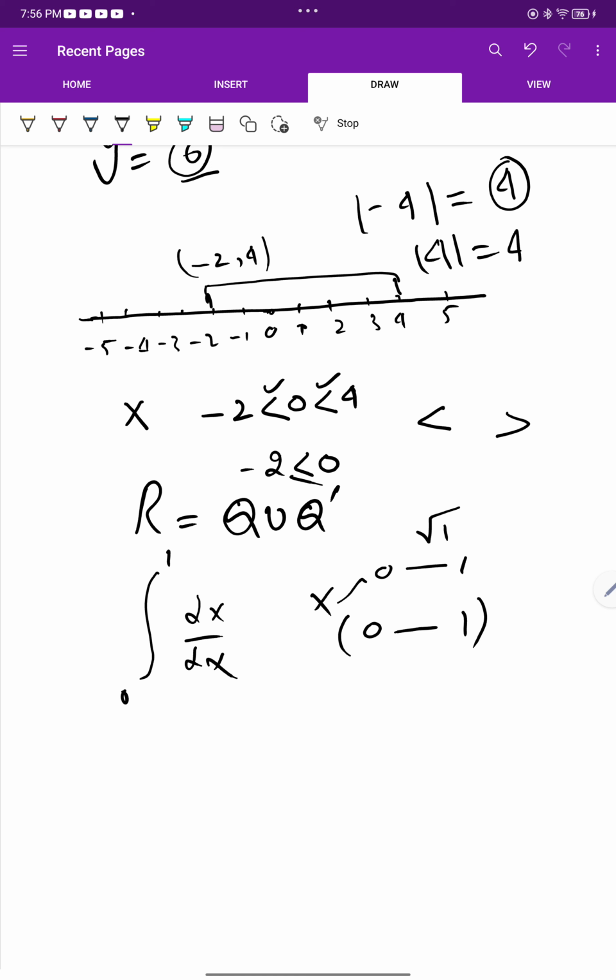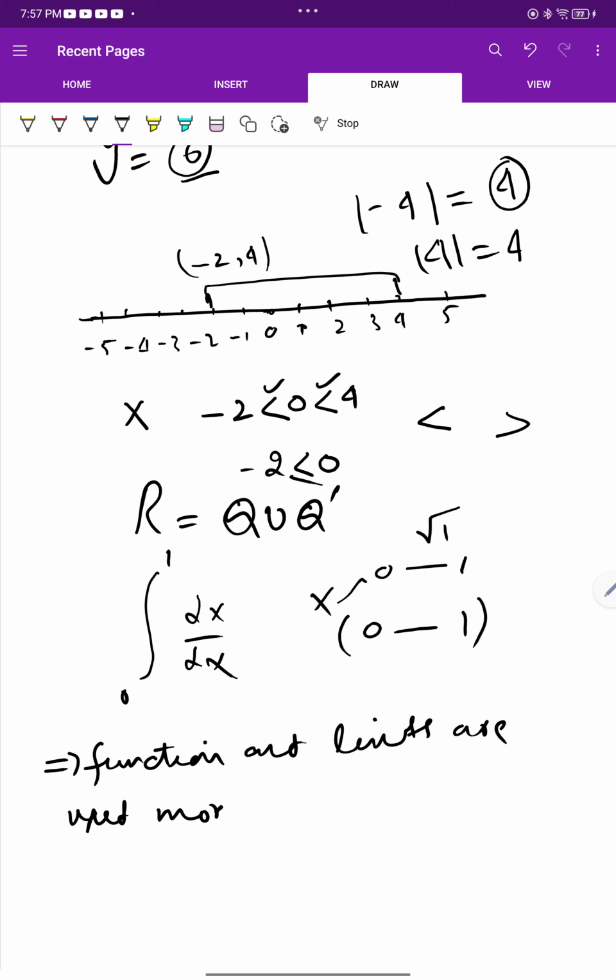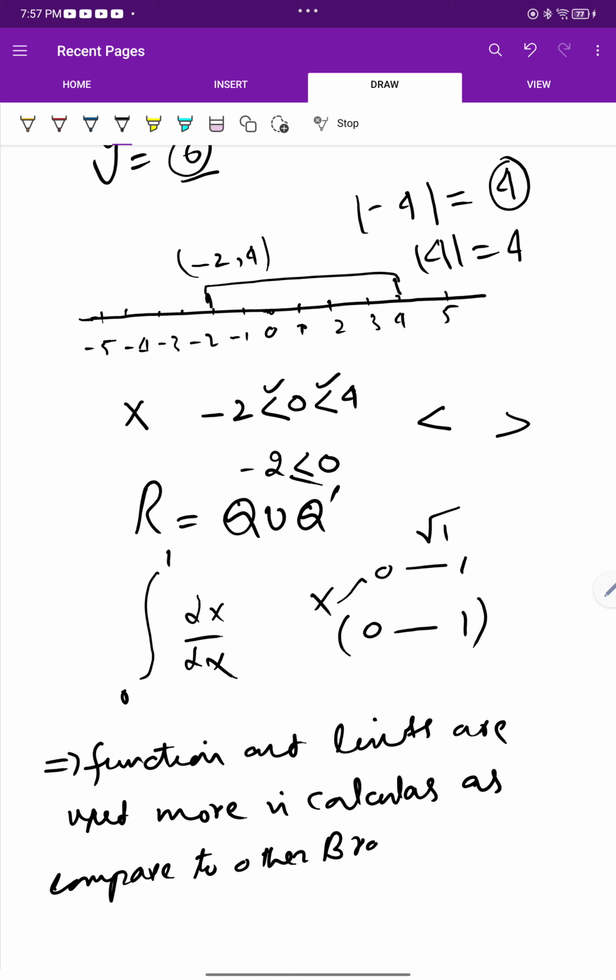So let's start. Functions and limits are used more in calculus as compared to other branches of mathematics, like algebra.